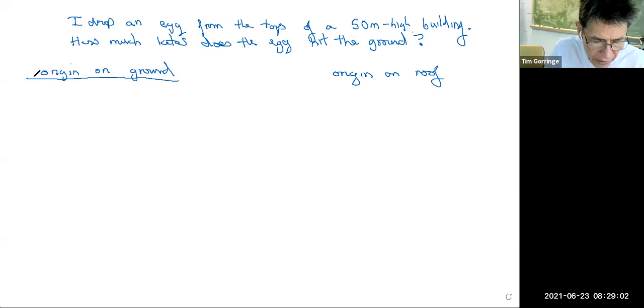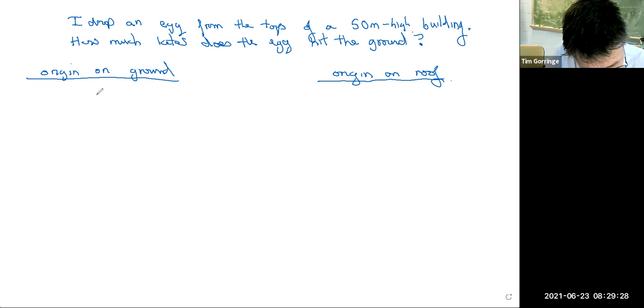I can choose the coordinate origin for the vertical motion to be on the ground. I can choose the coordinate origin for the vertical motion to be on the roof. And we're just going to follow through the calculation with those two alternative choices and see that we get the same result for our calculation.